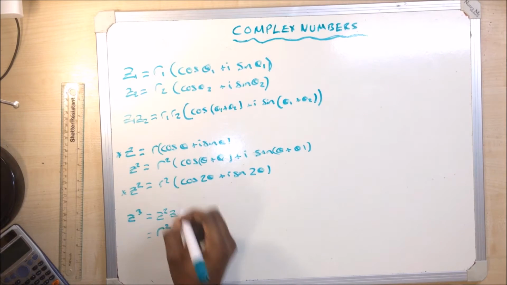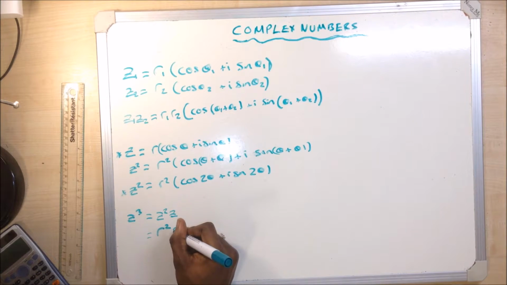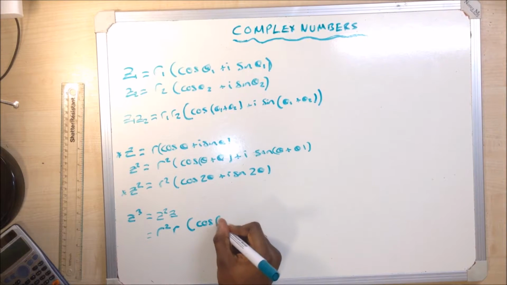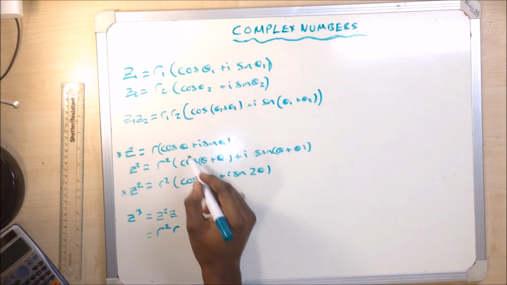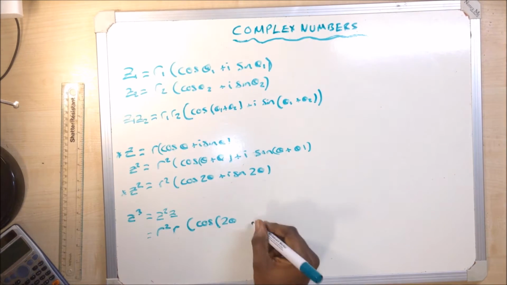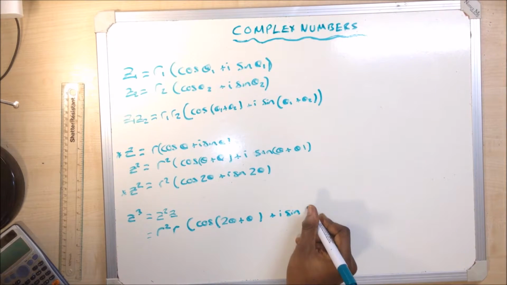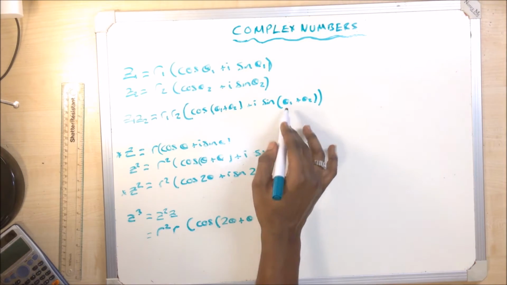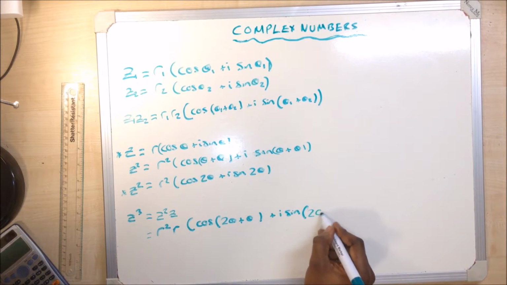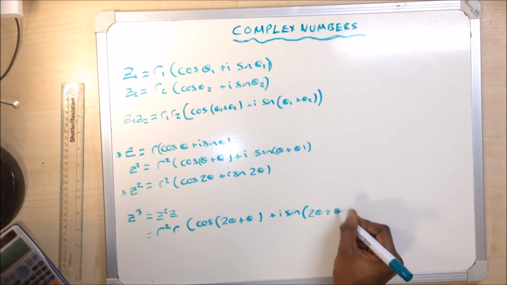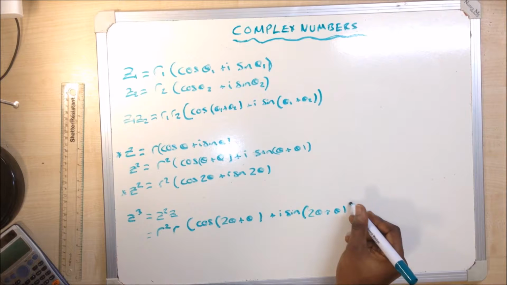We get r squared times r bracket cos(2 theta plus the theta of the other one, which is just theta) plus i sin(2 theta plus theta) to give us our new value.